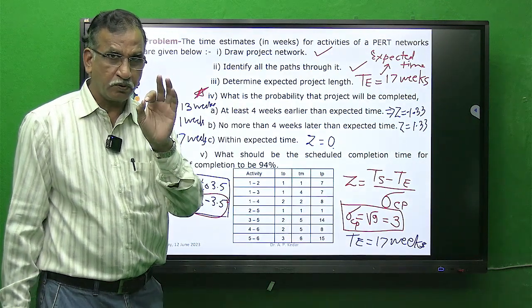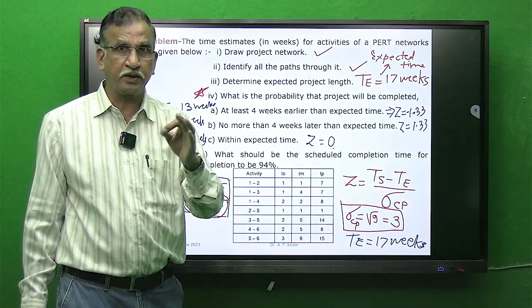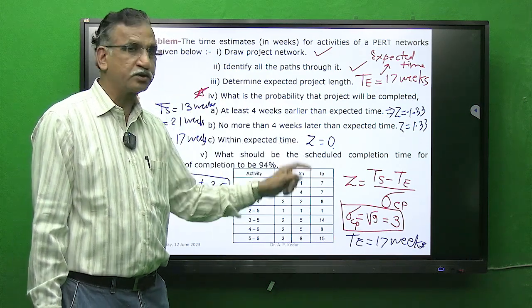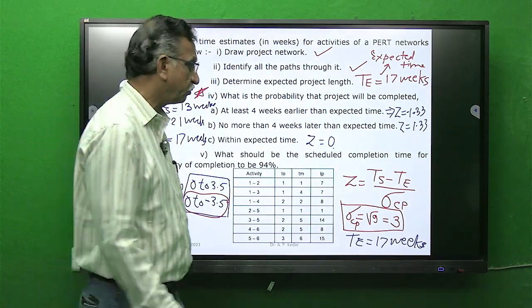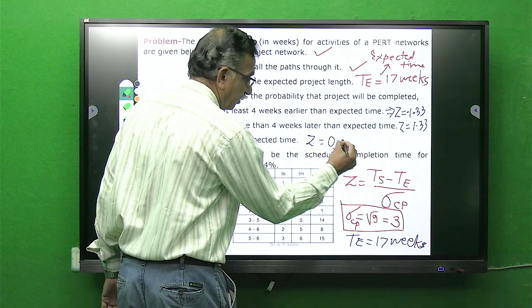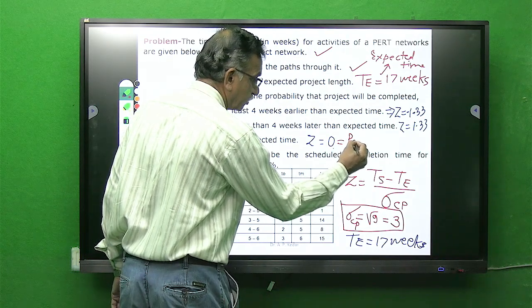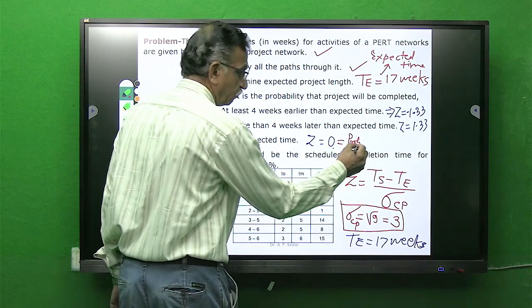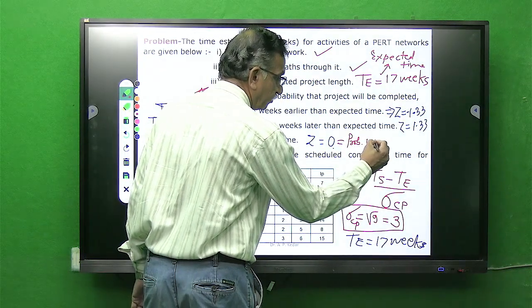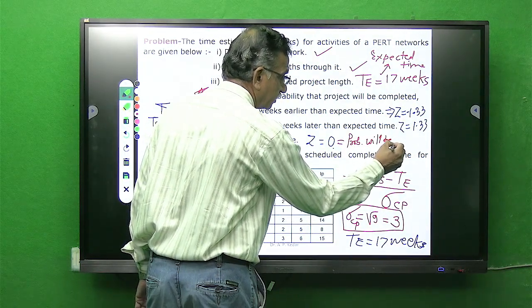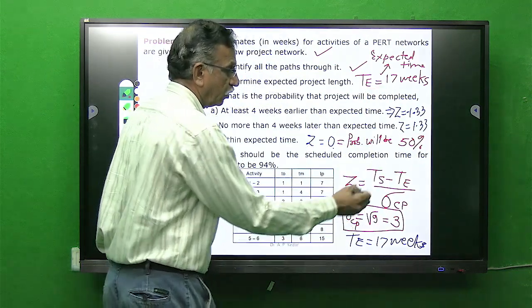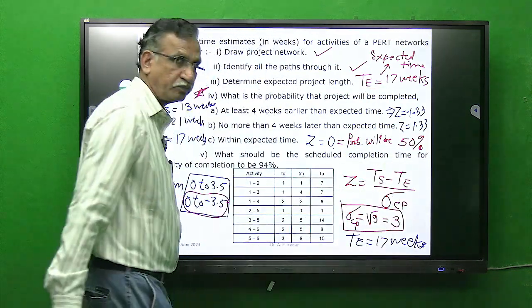See, this concept is also explained in earlier lecture. Whenever it is z equal to 0, your probability of completion of the project will always be 50%. Always 50%.